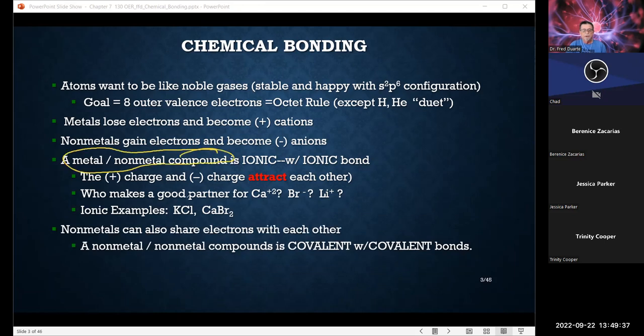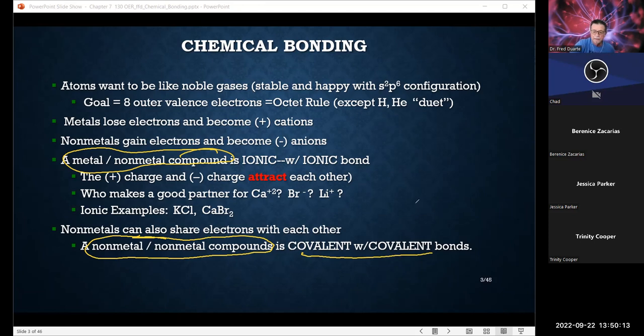Here's the key right there. Metal, non-metal combination. When you have the combination of a non-metal, non-metal, we have what are called covalent compounds using covalent bonds. If you break the term down, covalent, you think about it, then valent coming from valence electrons. Well, what's happening is they're co-sharing, they're sharing their respective valence electrons to form a bond, okay?